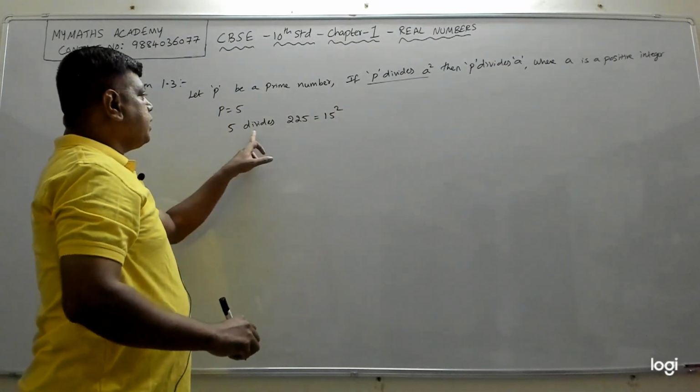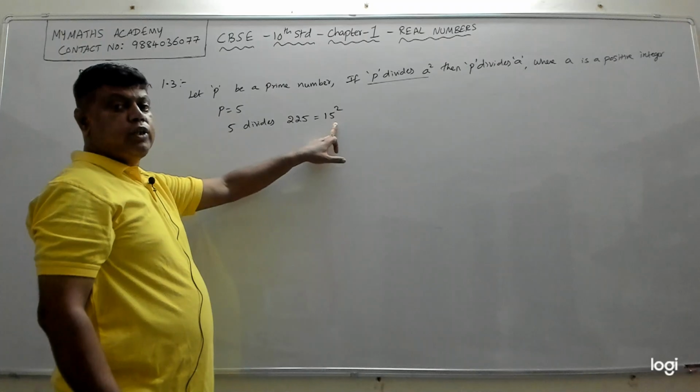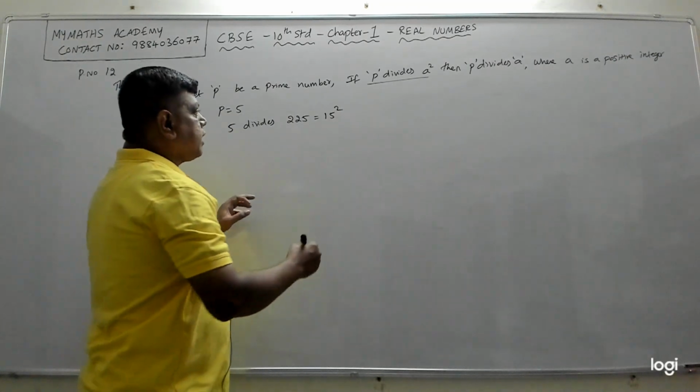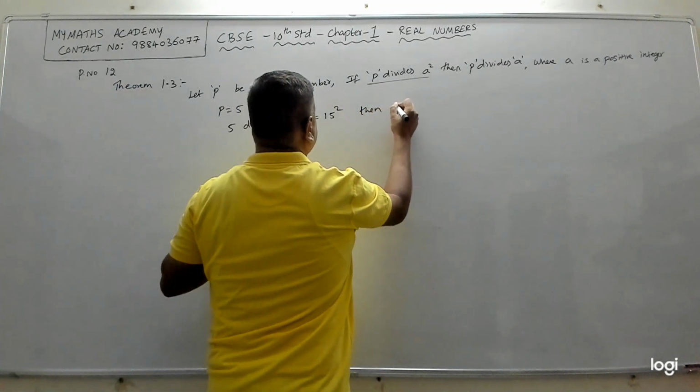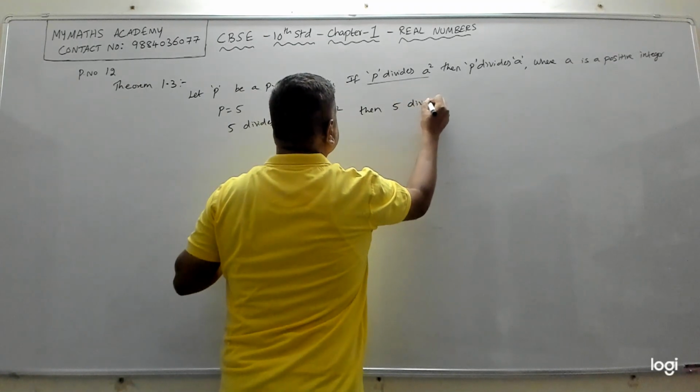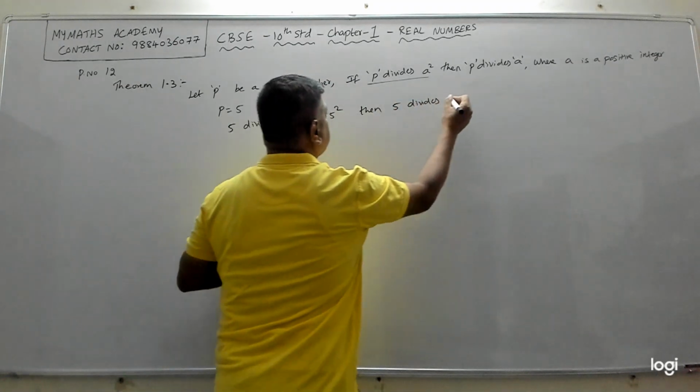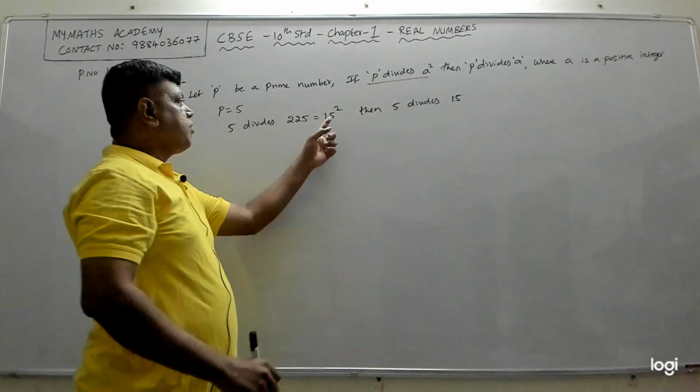So 5 divides 15 square, then we can say 5 divides 15. Here 15 is a.